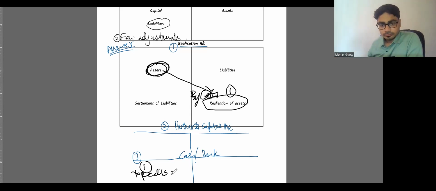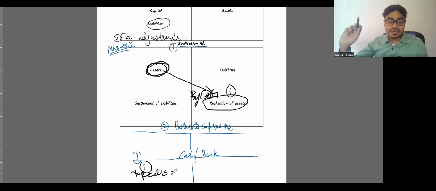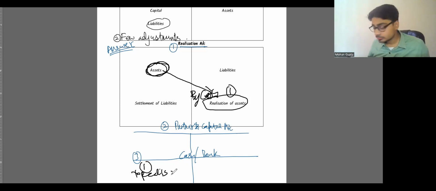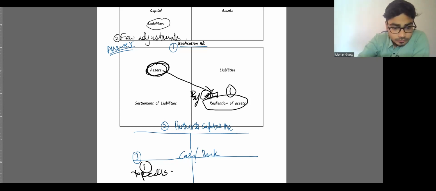So do you remember? So we pick every adjustment and post it twice. If you do the realization and settlement of assets and liabilities in the realization account, will those amounts go in the cash and bank account as well? Yes, everything goes twice.